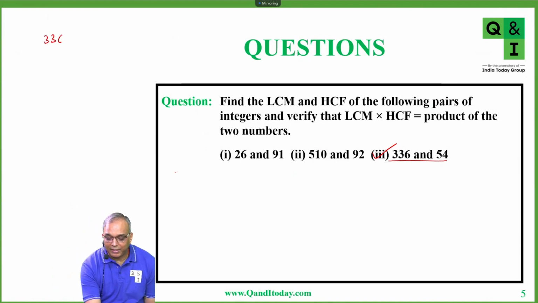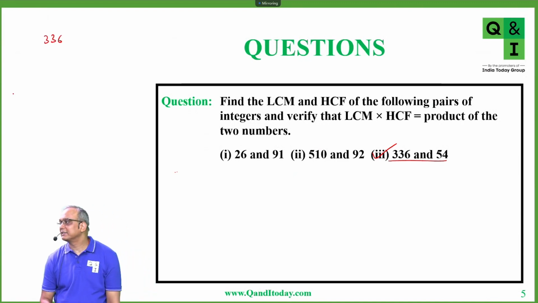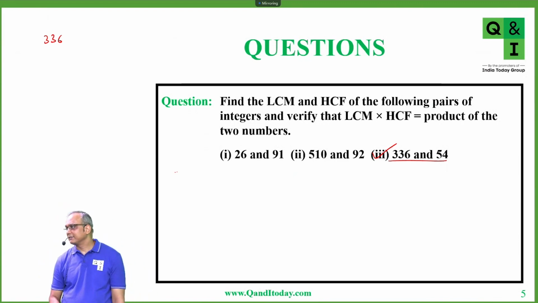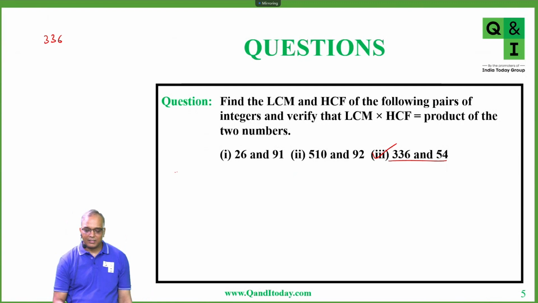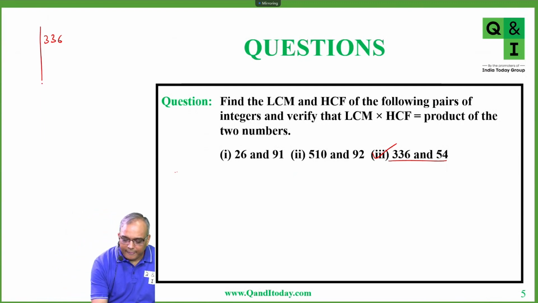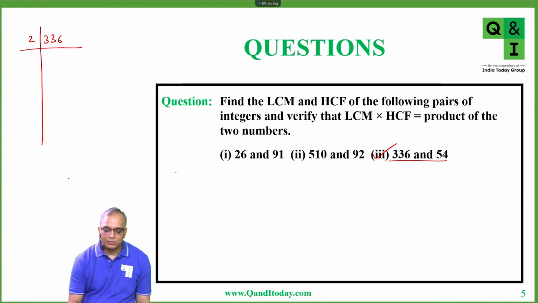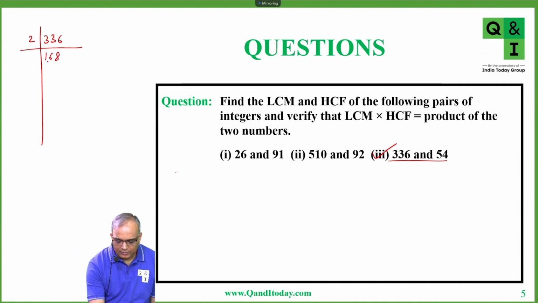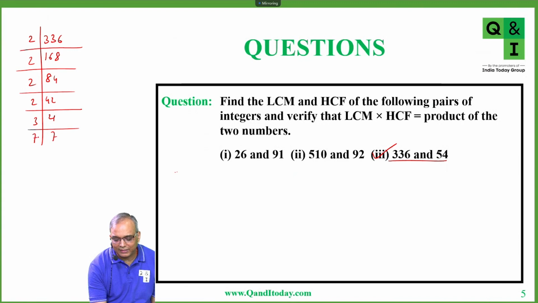To find the prime factorization of 336. HCF is 6. Yes, correct, Raghavi and Raghul. When you divide it by 2, 168, then by 2, 84, 42, 21, 7, and 1.